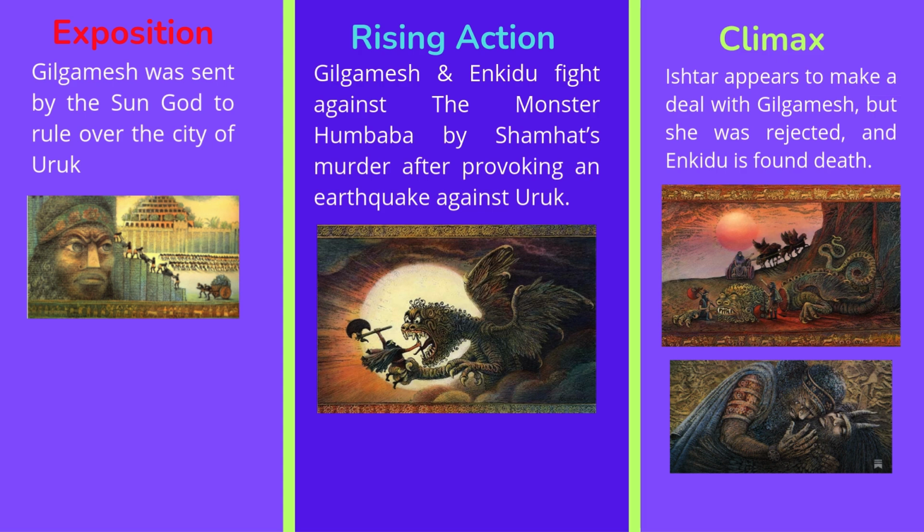In the rising action, Gilgamesh and Enkidu fight against the monster Humbaba after provoking an earthquake against Uruk. In the climax, Ishtar appears to make a deal with Gilgamesh, but she is rejected and Enkidu is found dead.